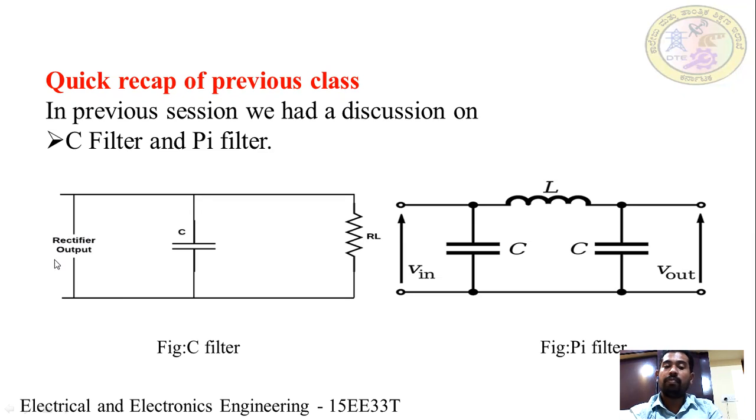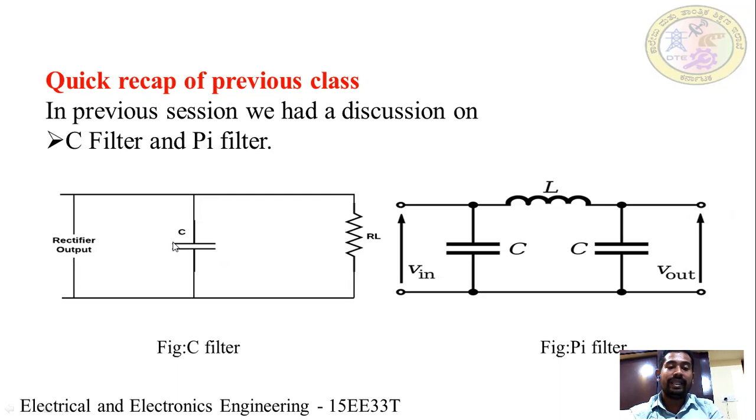Let us consider a bridge rectifier circuit here. The bridge rectifier circuit consists of four diodes, that is diode D1, D2, D3, D4. During the positive half cycle, the diodes D1 and D2 are under forward bias condition. When they are forward biased, the capacitor C gets charged.